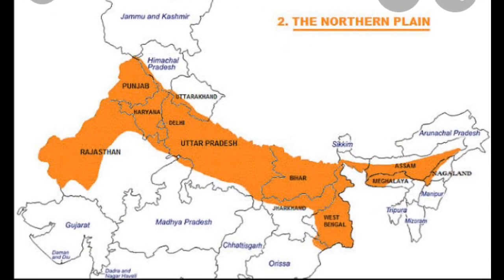Northern plains cover the entire Punjab, Haryana, Delhi, some part of Uttarakhand, Uttar Pradesh, Bihar, parts of Jharkhand, West Bengal, Assam, parts of Meghalaya and Nagaland, and the western parts of Rajasthan.